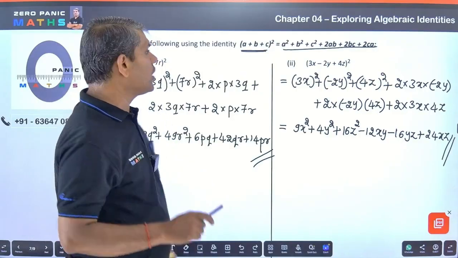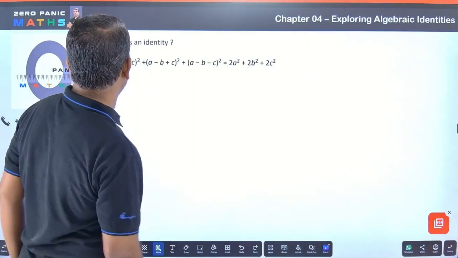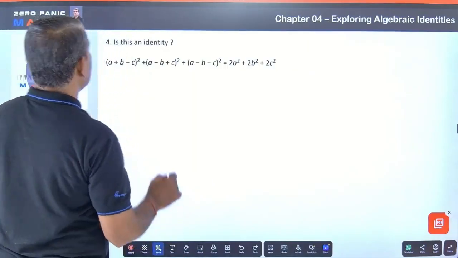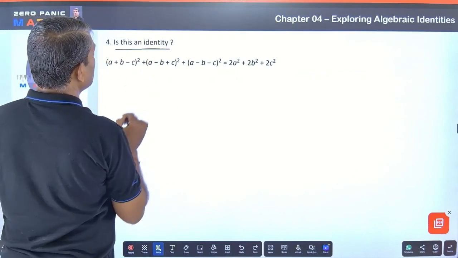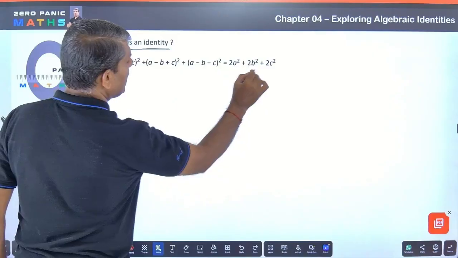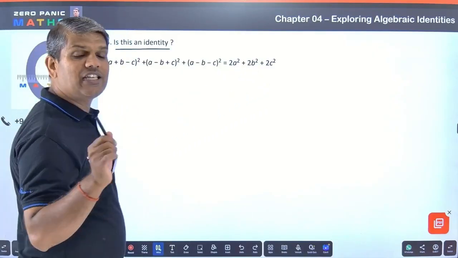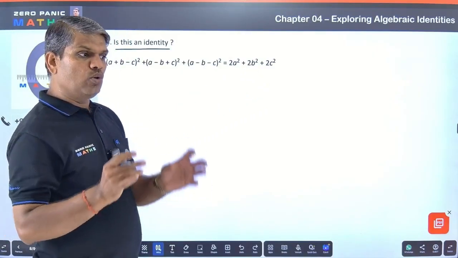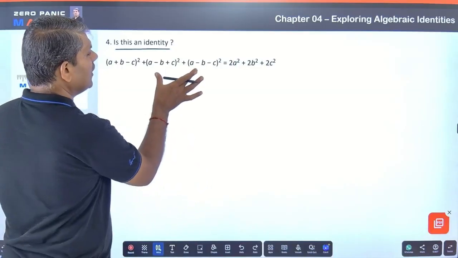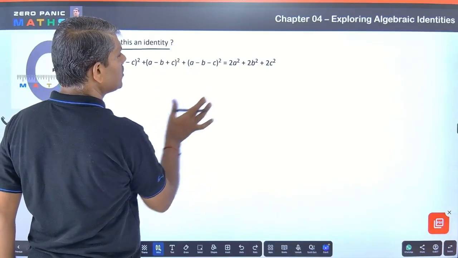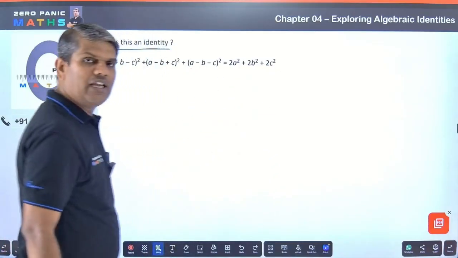Let us look at the last problem of this exercise set. Now here in the fourth problem they are asking us to find whether the given expression is an identity or not. You know that to say any equation is an identity, the left hand side expression evaluation should be equal to the right hand side expression.